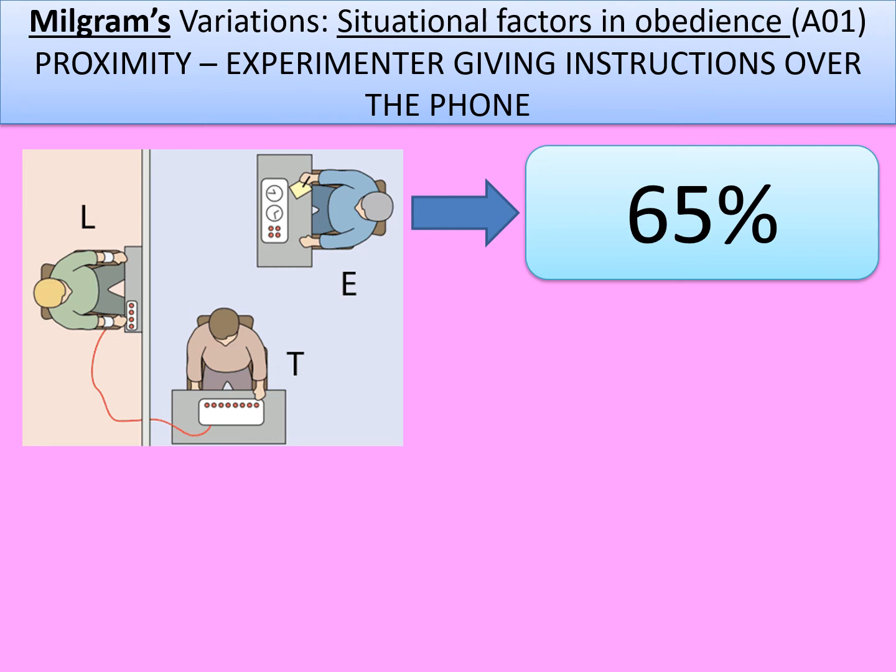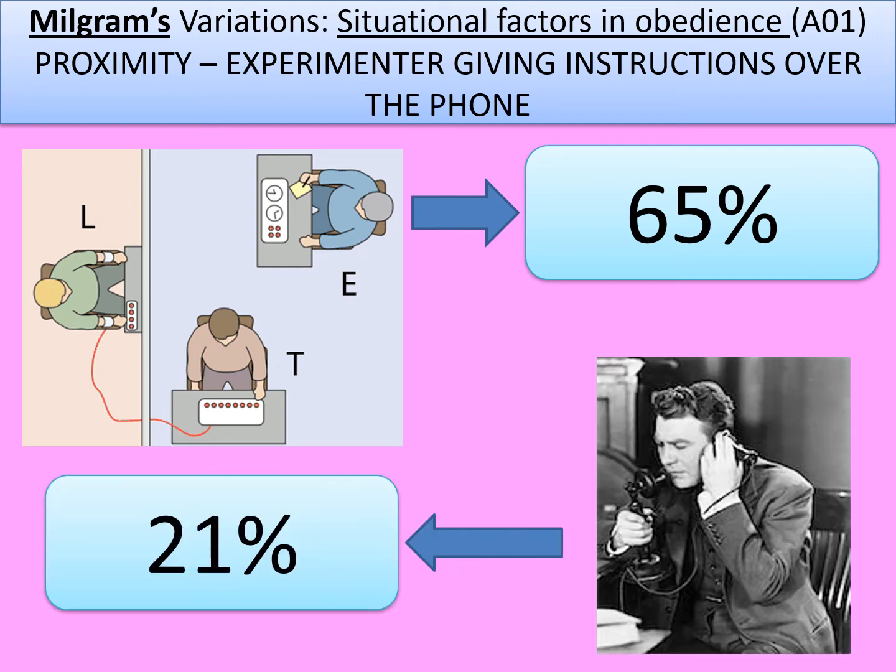There is another proximity variation where the experimenter gave instructions over the phone. In the original experiment, the experimenter was in the room, as you can see there, and obedience was 65%. In this variation, the experimenter gave instructions to the teacher over the phone, and you can see that obedience plummeted to 21%. And they found that the teachers were lying to the experimenters, saying, "Yes, I've administered the shock," when really they hadn't.